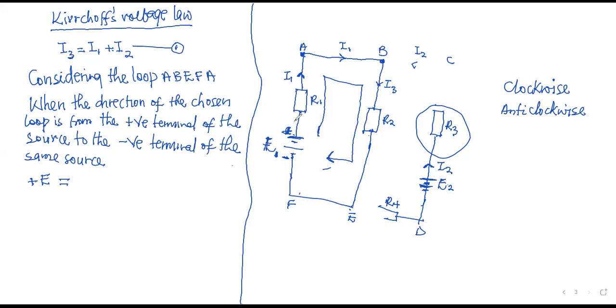Now listen to another rule. The potential difference across a resistor is positive if the direction of the current flowing through that resistor follows the direction of the chosen loop. I take it again. The PD across a resistor is positive if the direction of current flowing through that resistor follows the direction of the chosen loop. So class, look at the PD across this resistor R1.